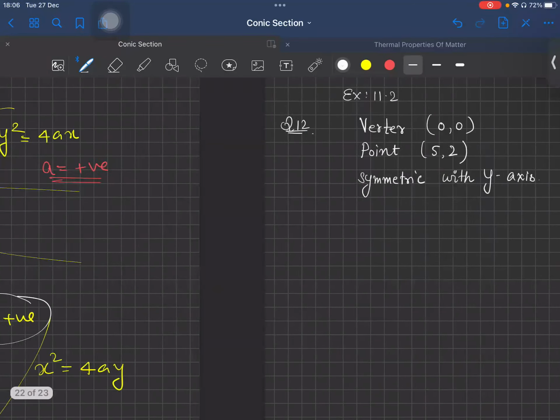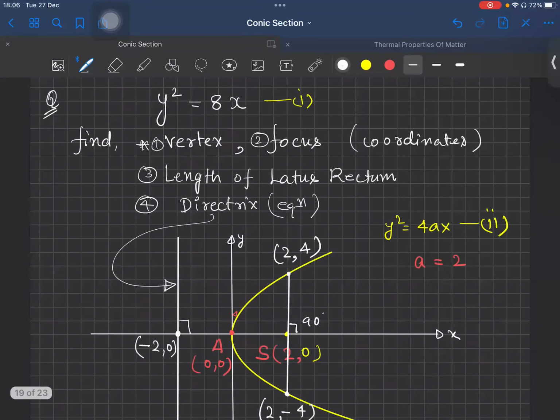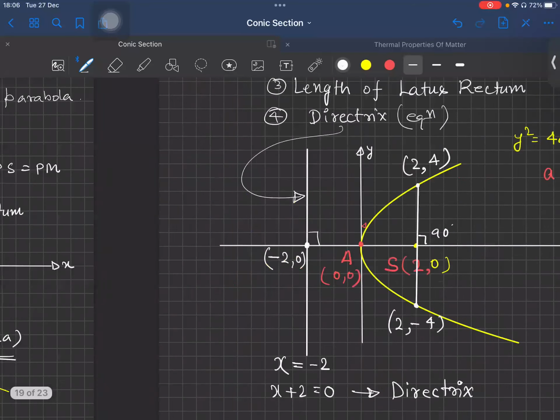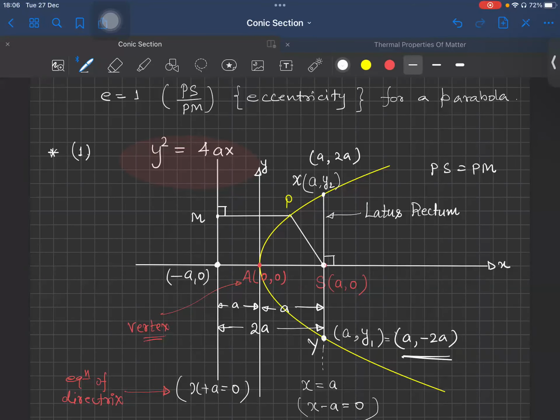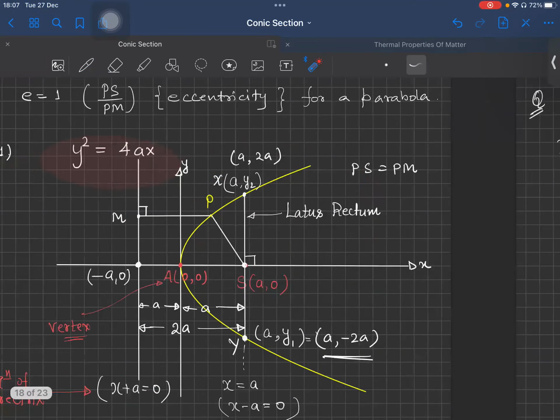That means PS is always equal to PM. If P is here and you draw a perpendicular to the directrix with foot M, then this line will be equal to this line. Then it is called a parabola.